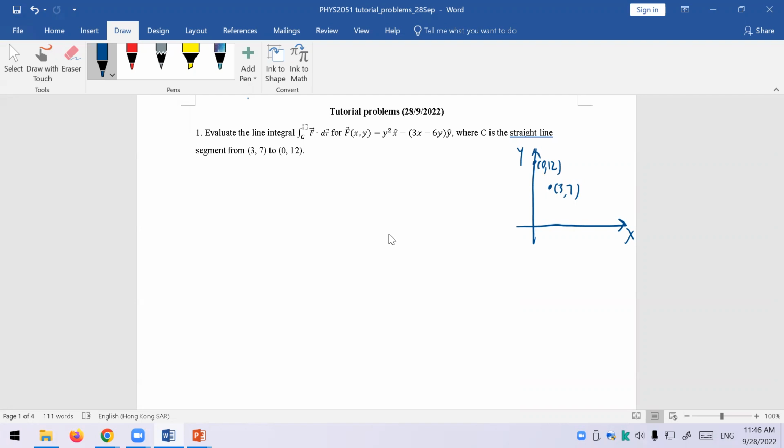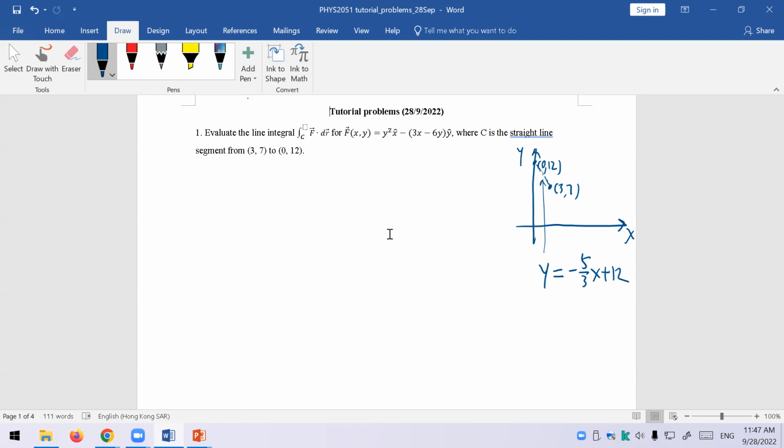As I said, the first step is to find the equation of the line. What you should be able to find is this one. This is the equation for this line here.